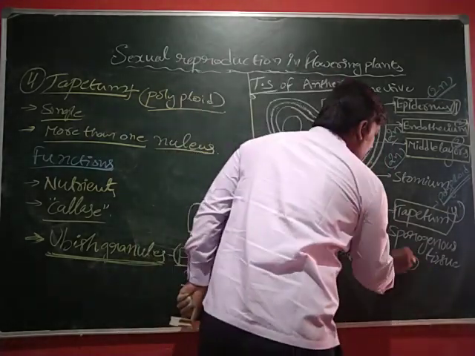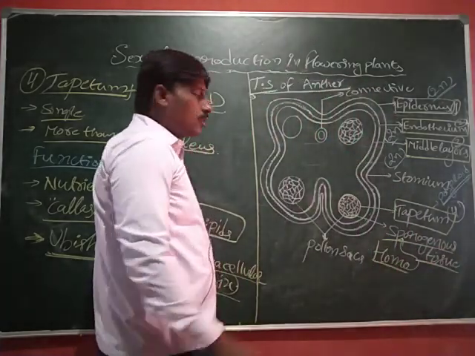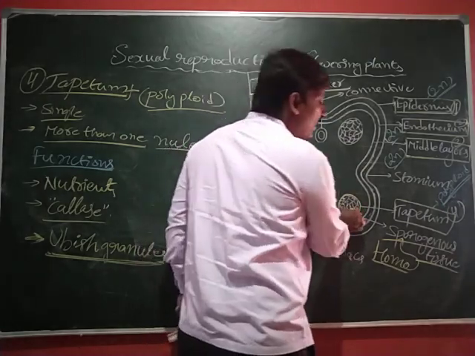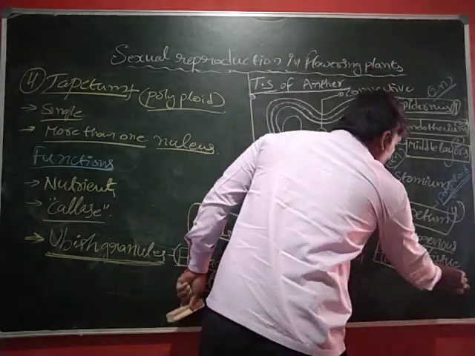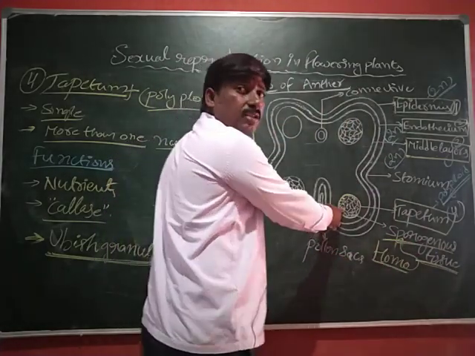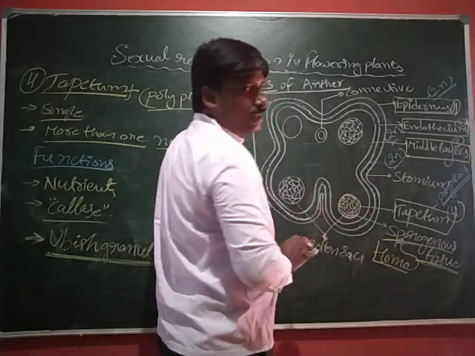This homogeneous tissue is called sporogenous tissue. Each cell in the sporogenous tissue acts as a microspore mother cell.